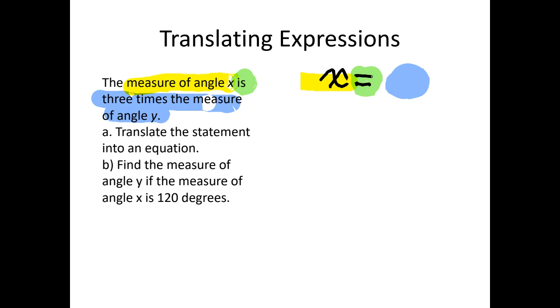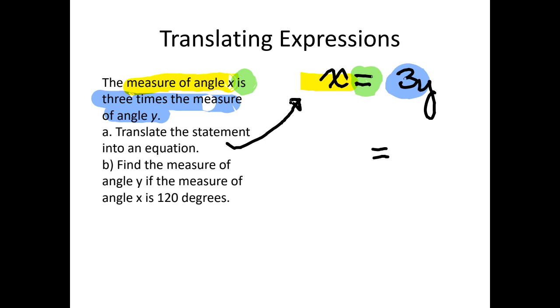This is your translated sentence. Now notice I have 2 numbers. Part B is going to take the place of one of those letters, which means we're evaluating. It says find the measure of Y, which means that the 3Y side is staying.